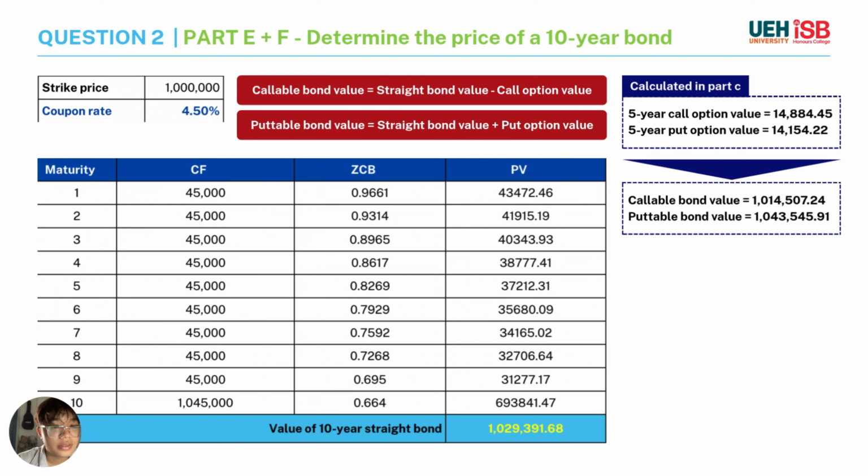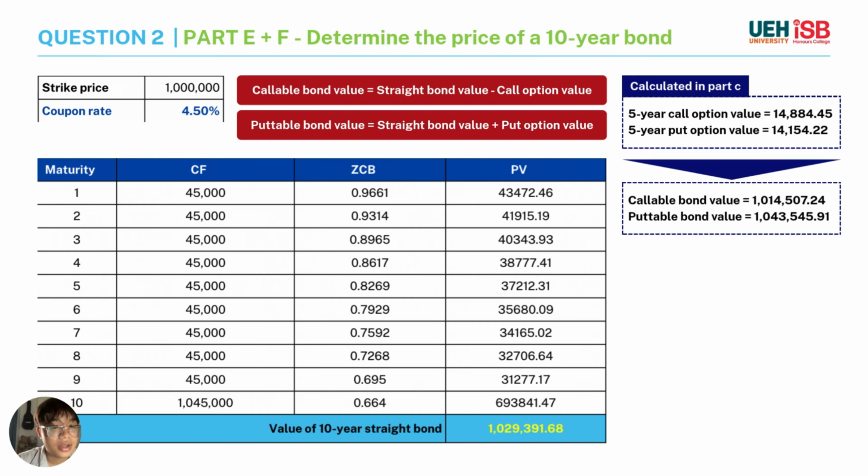Next, we consider the embedded call option. This option gives the issuer the right to redeem the bond at year 5. We value this option using the Black model, where the underlying is the forward bond price at year 5 and the strike is the call price, and we calculated it in Part D with the value of 14,884.45.